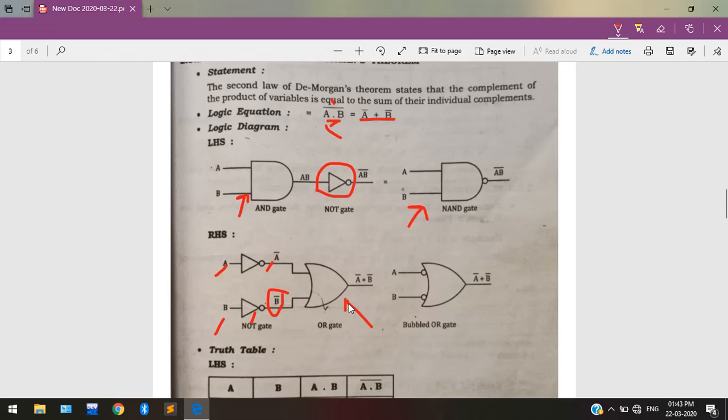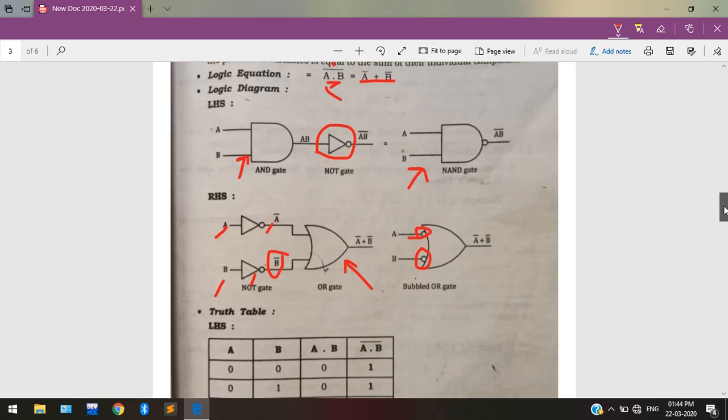You can simply write, or draw, the RHS side with A bar as a simple bubble, B bar as a simple bubble here also, then the output will be A bar plus B bar. So this is the simple logic gate drawing of the RHS side.